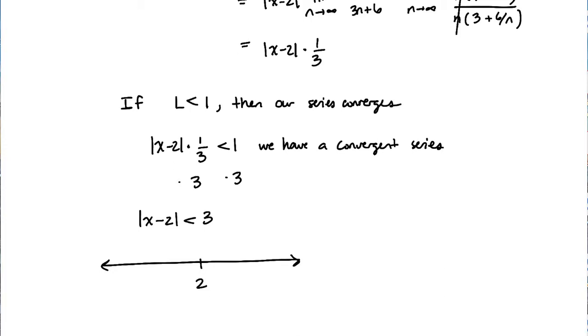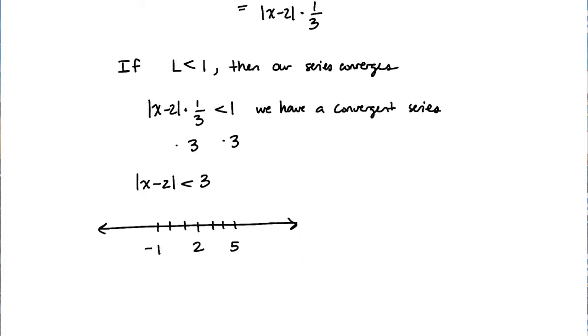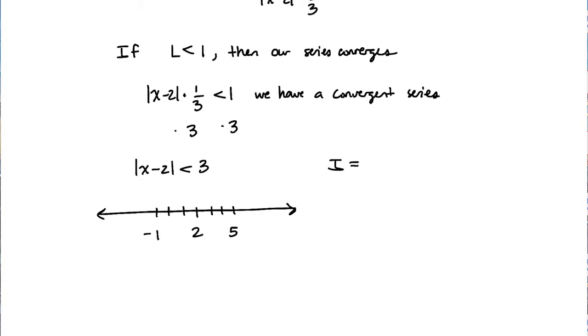And then if you stay within 3 units in either direction, so we end up getting 3, 4, 5, and 3 units less than 2 gives me -1. My interval is -1 to 5, but what about the endpoints?